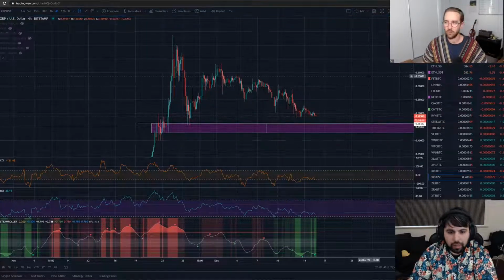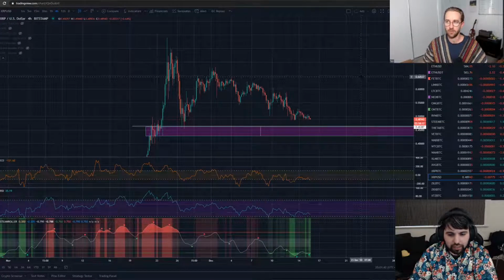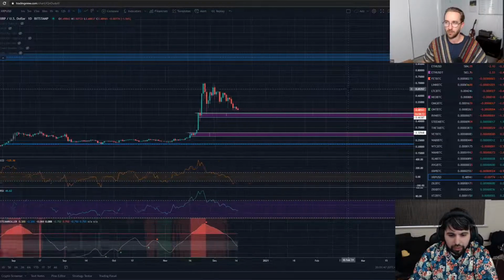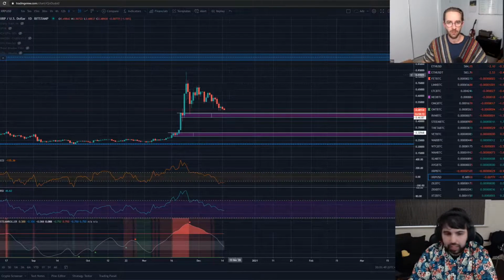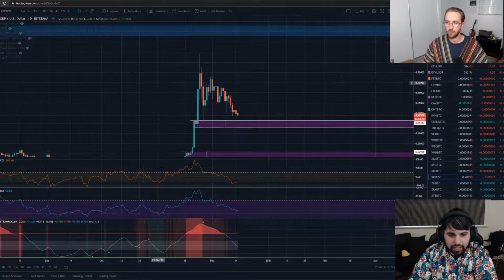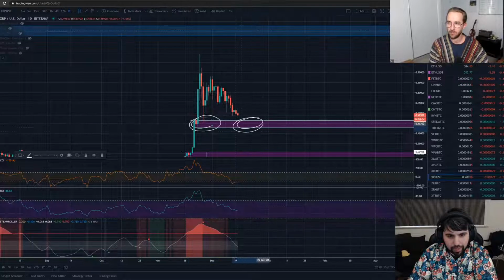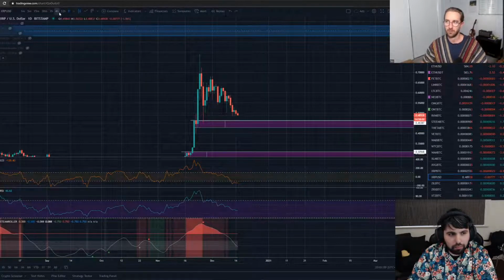So XRP is not looking fantastic at this current time. If we're looking at the daily time frame, we are still descending towards that level of demand there. That is, I think, the next stop for XRP. Nothing really too much more than that, to be honest.